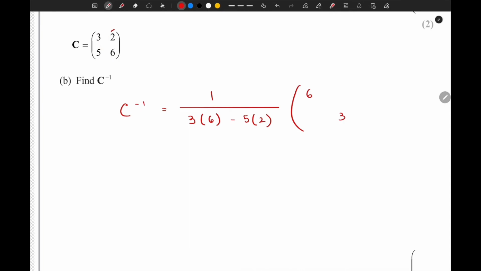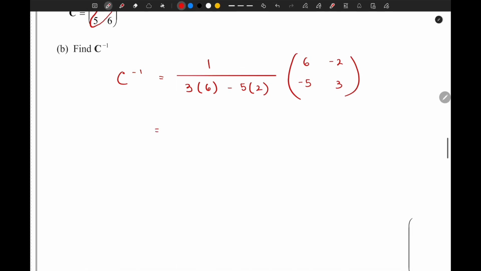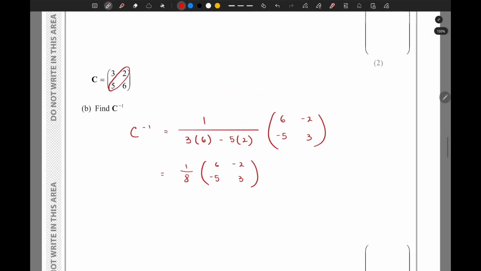And you need to multiply by minus 1 with these two values. So this becomes minus 5 and minus 2. So 18 minus 10, that gives us 1 over 8. And 6 minus 2 minus 5 and 3. So you can just keep the answer like this. That is the answer to this question.